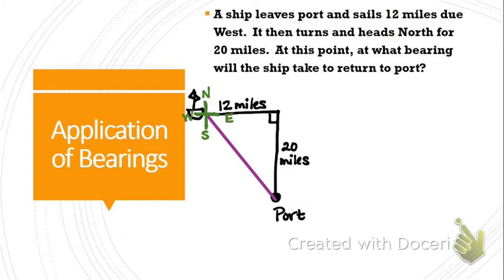So tell me the parts of the bearing that we already know. From where the ship is right now, what way is it going to have to head? I heard south and I heard east, absolutely. Which part comes first in bearing? South. So this is south, some angle, and then east.